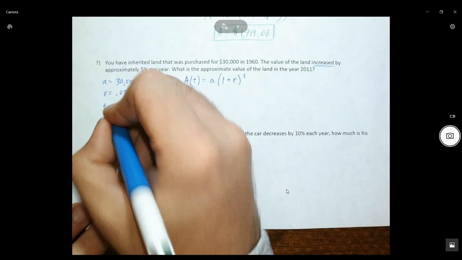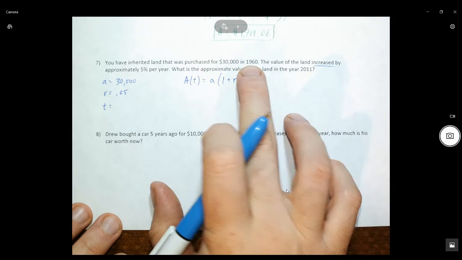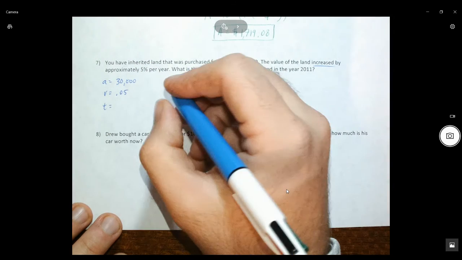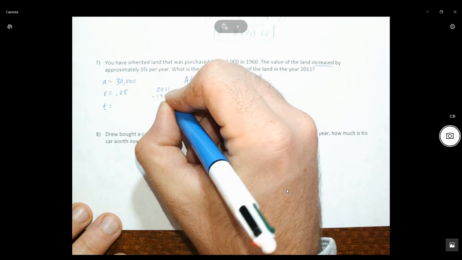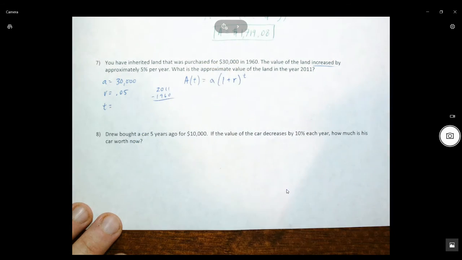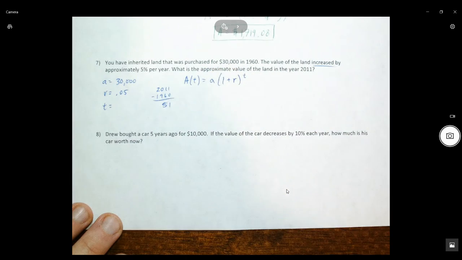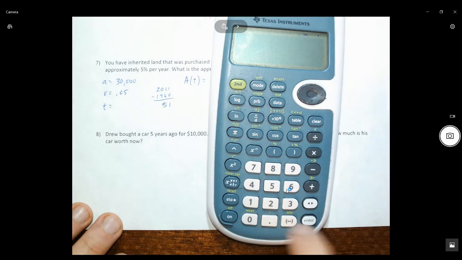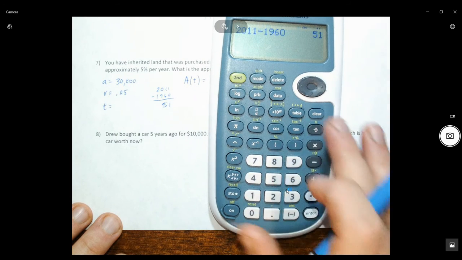And then my time, this is where I'm going to have to really make sure you understand to subtract. I'm starting in 1960 and ending in 2011. So if I subtract 2011 minus 1960, you can do all the math here, but it's going to give you 51 years. Like I said, if you just do it on your calculator, that works too. Or do it by hand, doesn't matter, 51 years.